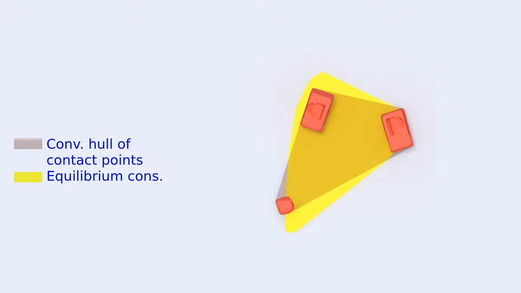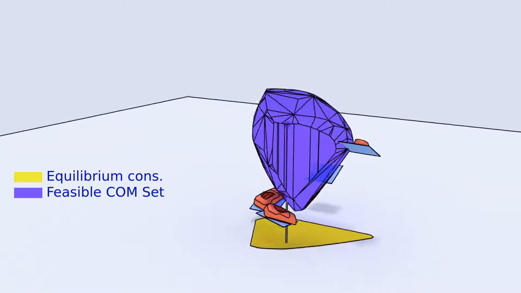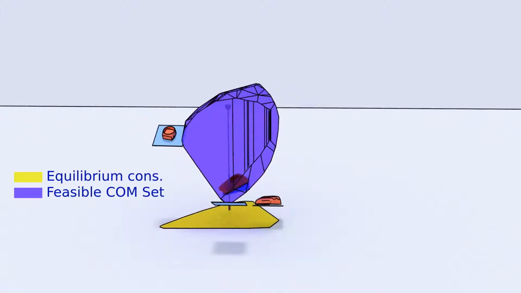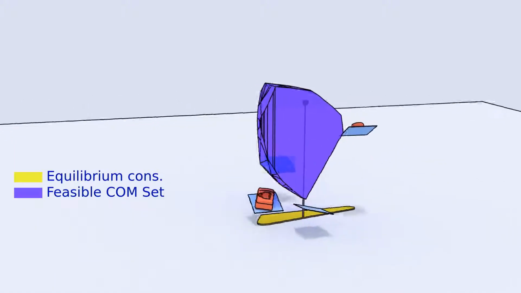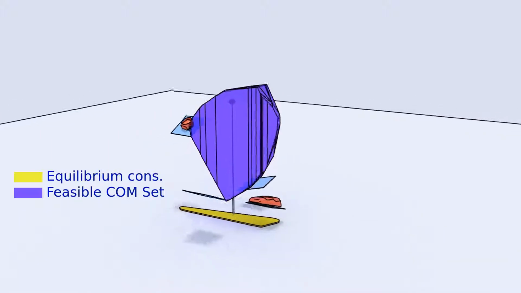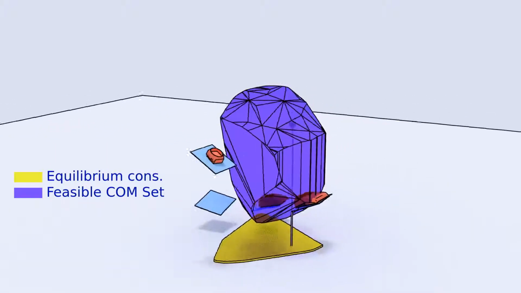The intersection of both kinematic and quasi-static constraints results in the purple polytopes, which approximate the set of feasible COM positions for the initial contact set, for the flying phase of the right foot, and finally for the end contact set.